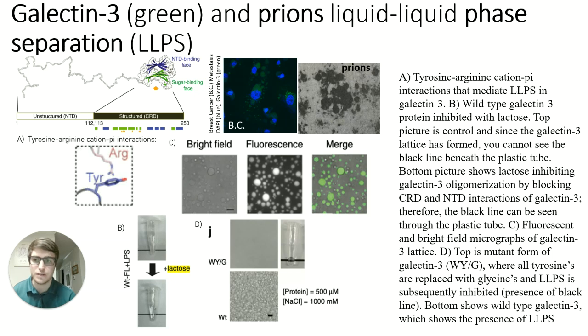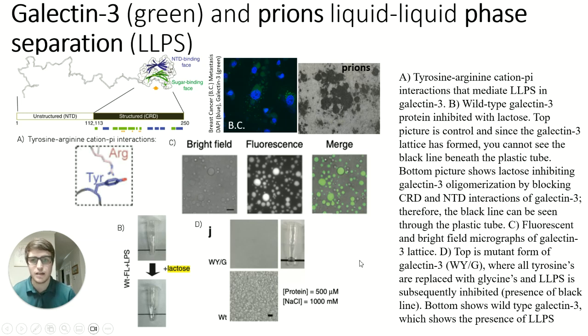So the normal function of these proteins is to be a little disordered so that it can carry out that function. So you can see right here, this is galectin-3, and even though it looks similar to the morphology of the prion protein plaques, it actually has normal function.